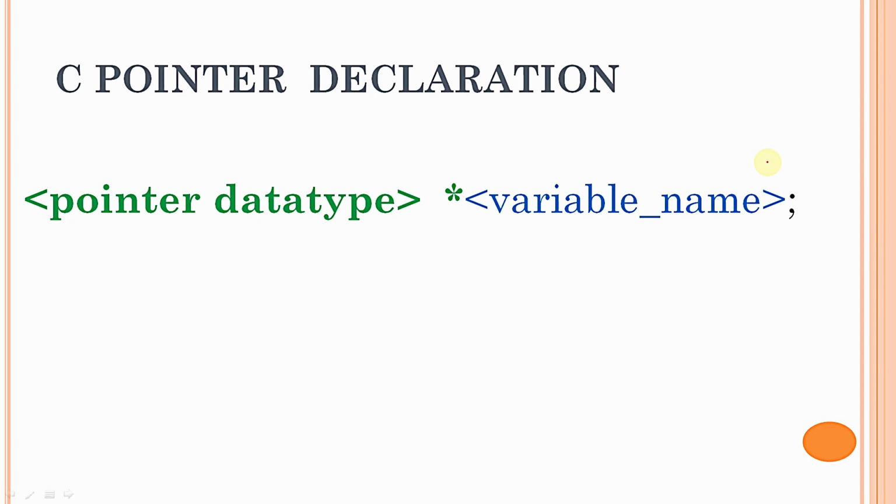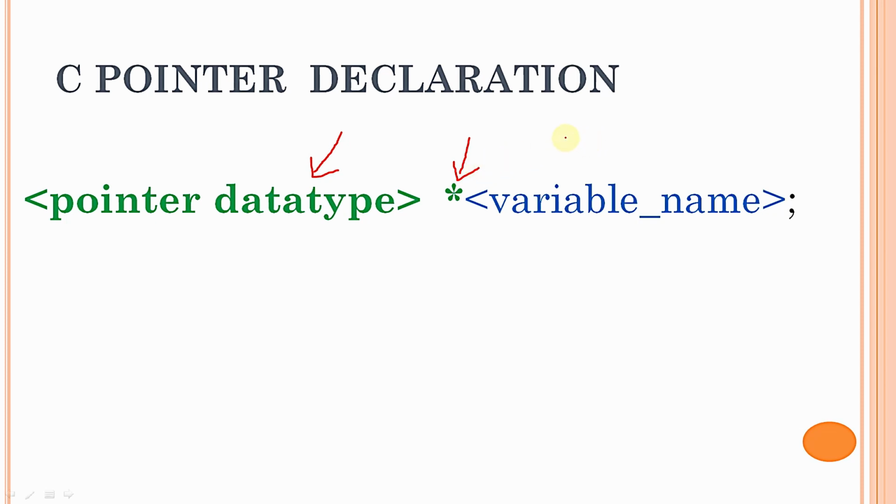And you can see on the screen the basic syntax for defining and declaring a pointer. As usual, you provide the pointer data type. It may be char, int, float, long, double, etc. Following that, you provide a space and then the asterisk symbol. This asterisk symbol denotes that the declaration and definition is of a pointer variable.